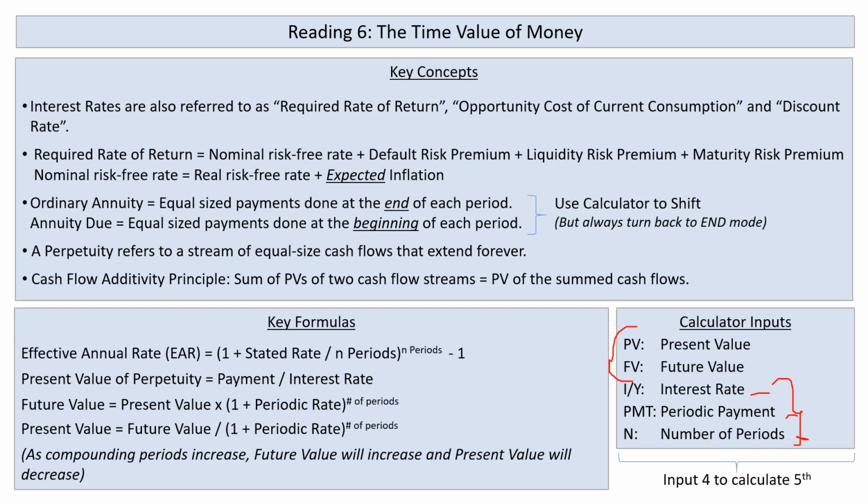Now, let's talk about annuities, an ordinary annuity and an annuity due. Well, first of all, before we talk about these two terms, we have to see what's in common between them. An annuity. What's an annuity? An annuity is any type of investment that pays out an equal size payment during equal sized intervals.